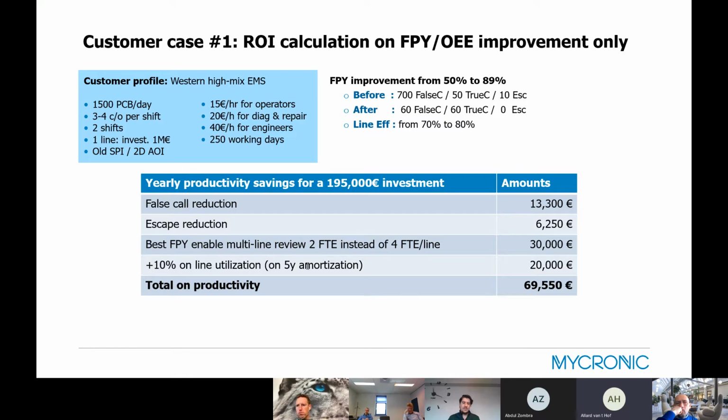Coming to the FTE, so the engineers on site, because you have less false calls now, much less, as you see, 640 false calls less. What they can do, they don't need 4 FTE, so engineers on one line anymore.